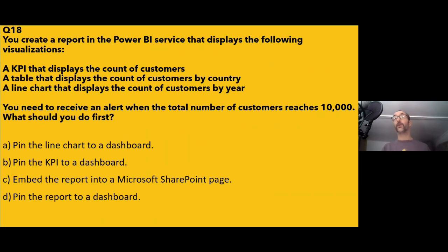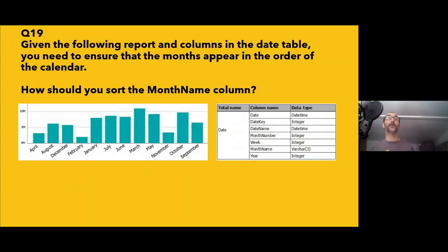That's question 18. Question 19, the penultimate question. Given the following report and columns in the date table, the date table is the table to the right-hand side there, you need to ensure that the months in the chart on the left-hand side appear in the order of the calendar rather than appearing alphabetically, which they do at the moment.